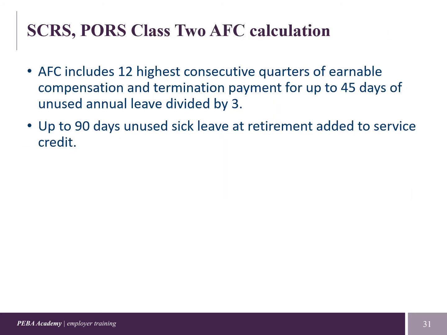The AFC for Class 2 members includes the 12 highest consecutive quarters of earnable compensation divided by 3. Termination pay for no more than 45 days of unused annual leave at retirement is added to the sum of the 12 quarters before dividing. Up to 90 days of unused sick leave at retirement, if applicable, can also be added to the member's total years of service credit.